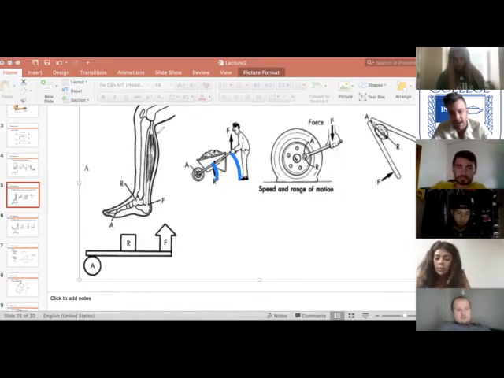So for instance, I might have to contract the soleus gastrocsoleus unit this much, but I'm only going to go up on tippy toe this much. So the contraction or the motion of the force is always going to be a greater motion than the result of that particular change in length.